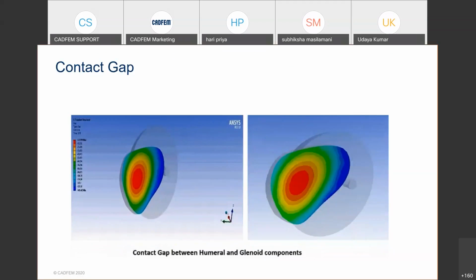Where the contact area is very small, the pressure will be higher and the wear that can happen will also be much higher. If the contact point is very small, it will get scratched or worn very easily. So considering material properties, force and contact pressure, we can design our materials or implants accordingly.